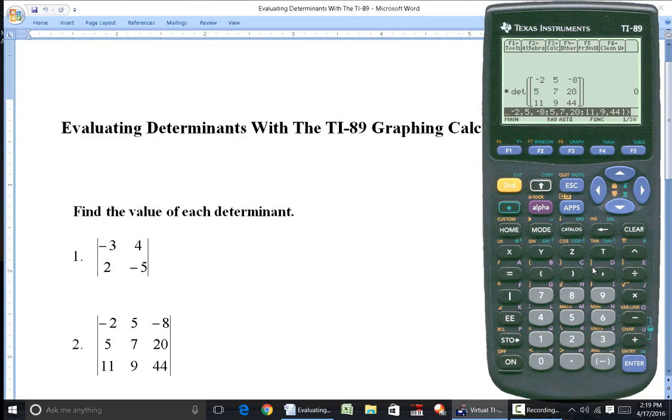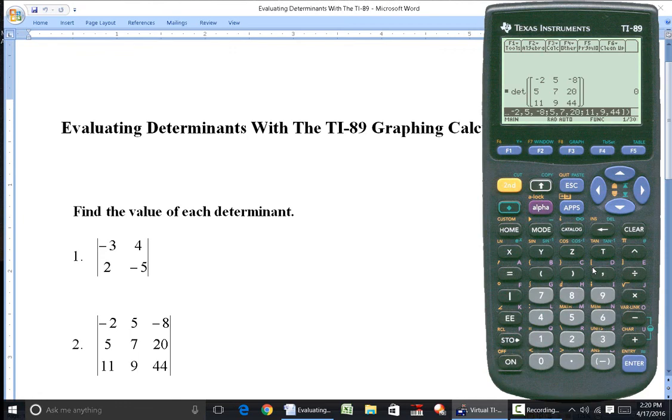So in this particular case, notice the first column, -2, 5, and 11, and the third column, -8, 20, and 44. Those are multiples of each other. If you multiply the first column by 4, you get the third column. Or if you divide the third column by 4, you get the first column.